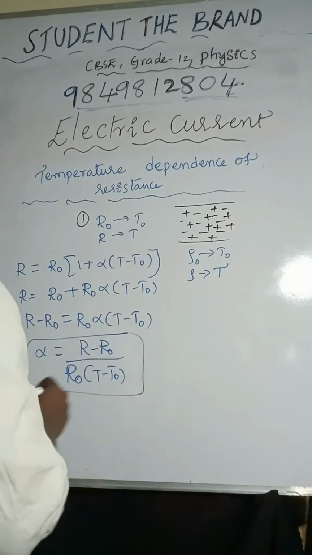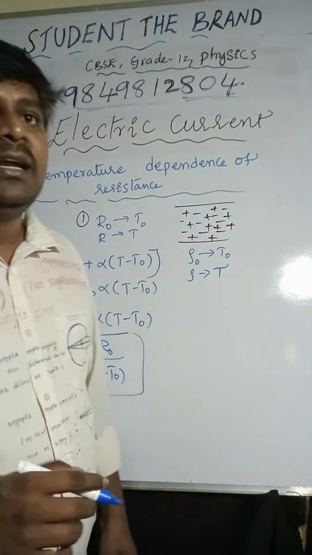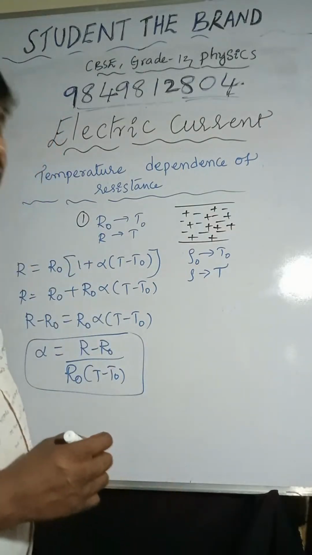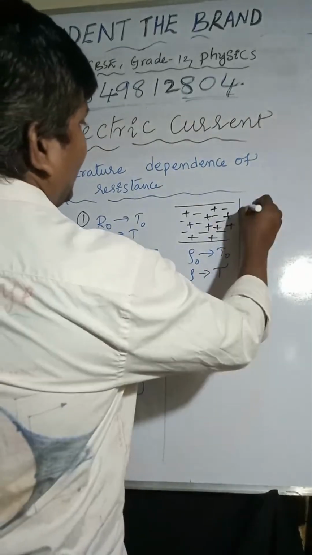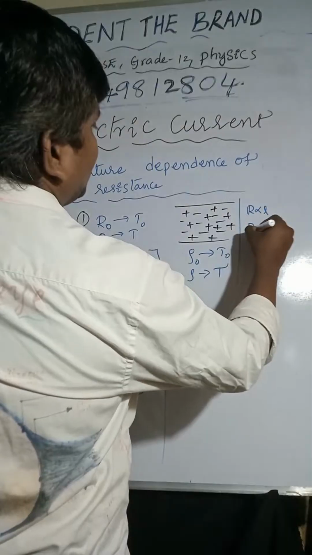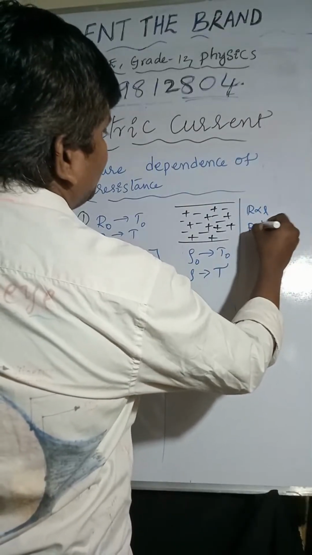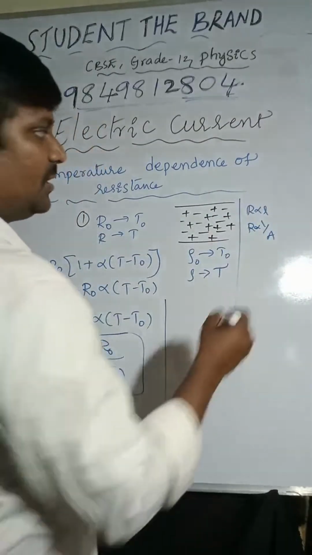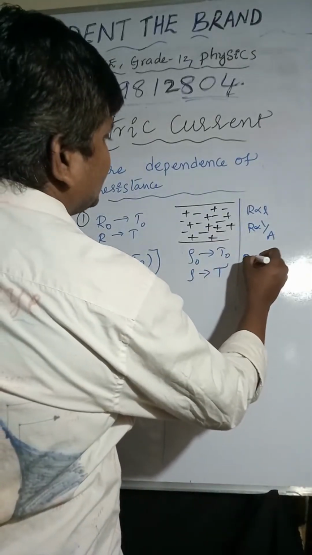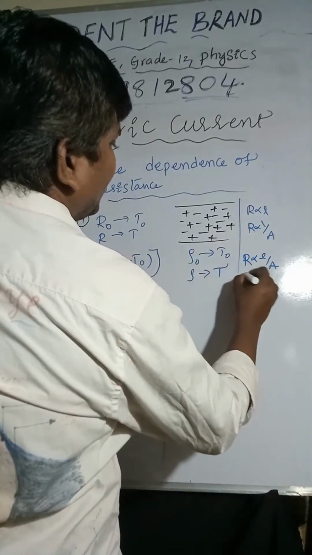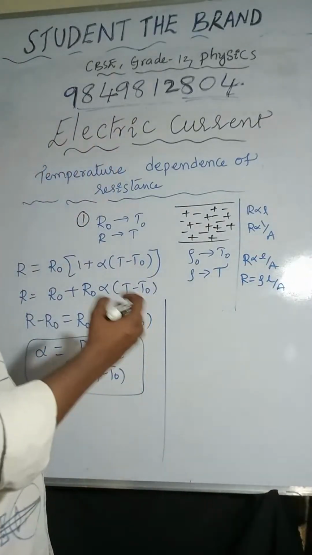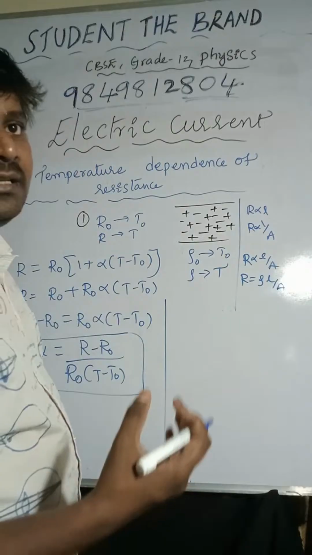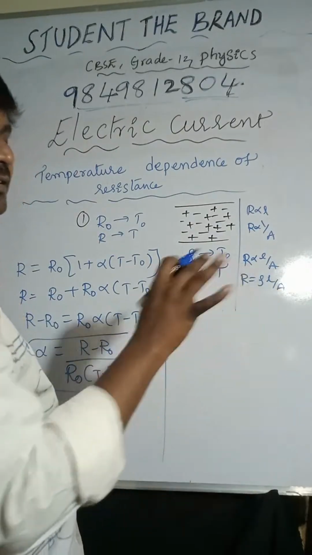Then alpha equals R minus R naught by R naught into T minus T naught. Alpha is the temperature coefficient of resistance. As we know, R is directly proportional to length of the conductor and inversely proportional to area of cross section: R equals rho into L by A. As temperature increases, length and area also change, but that is small.